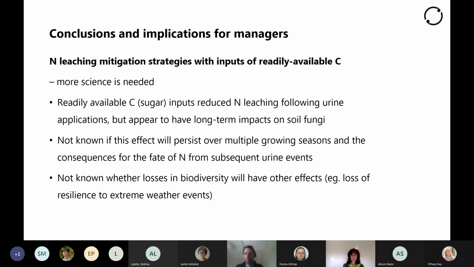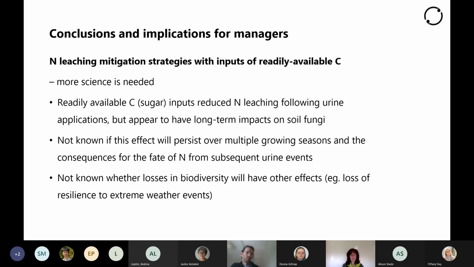Although within the 112 days when that experiment was conducted we can observe a desired, sought-after outcome, which is a reduction in leaching, we don't know what might be the long-term consequences. We don't know whether that change in the biological community will then impact the ability of the soil microbes to process the addition of nitrogen from subsequent urine.